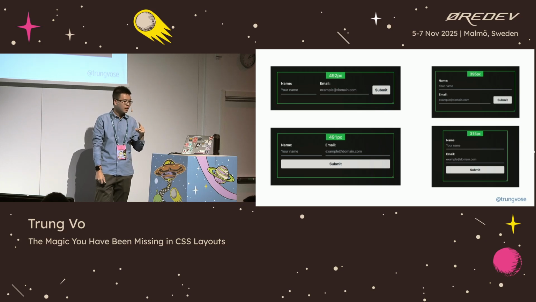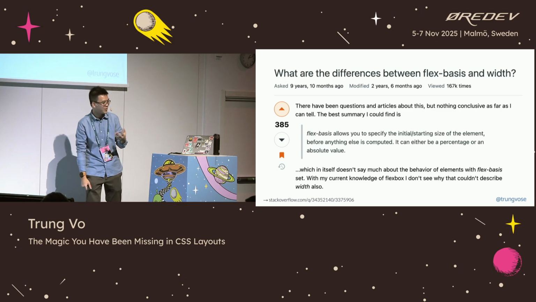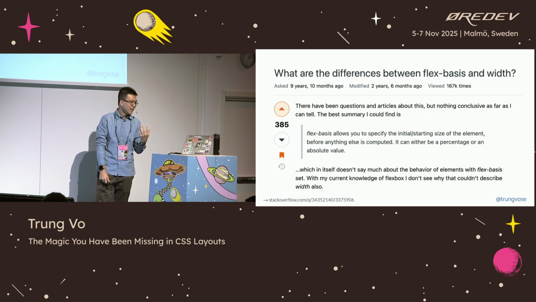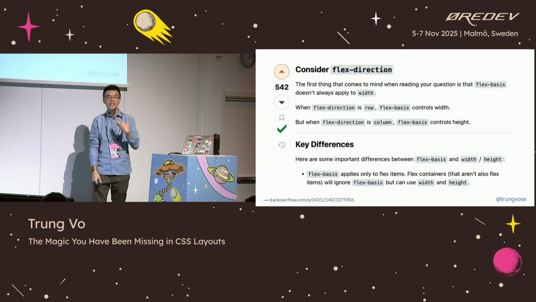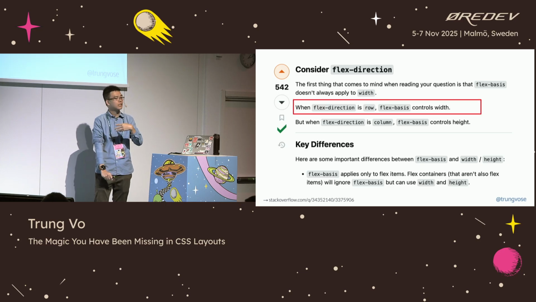But now you might have a question, and a lot of people ask this question: what's the difference between flex basis and width? And of course, that is a normal question. In a lot of use cases, in the default scenario, when the flex direction is row, flex basis is going to behave as width.